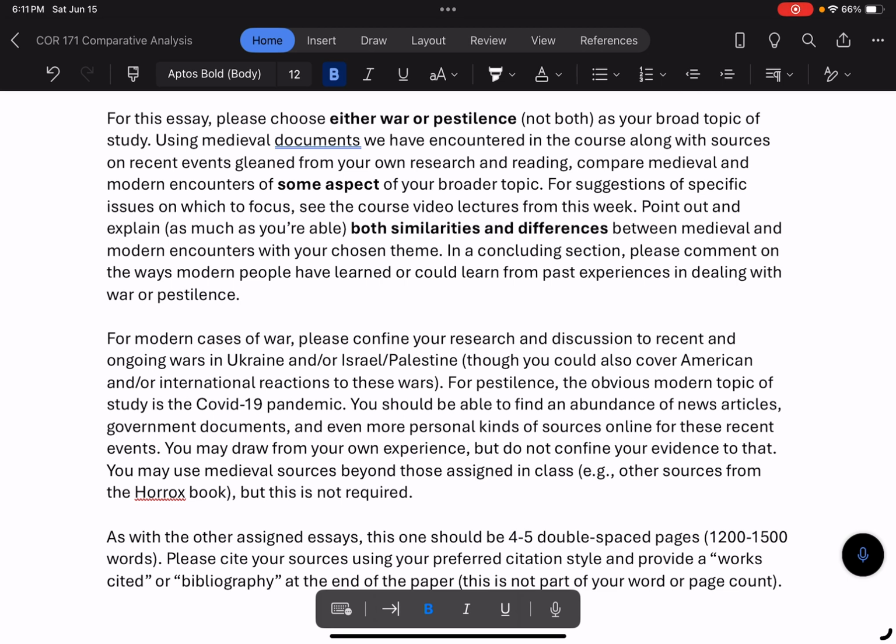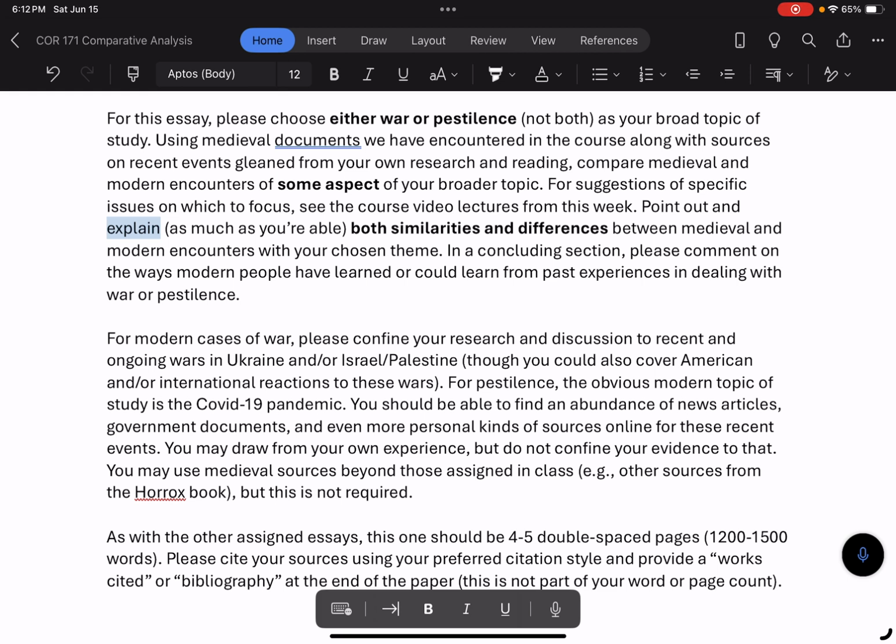What conditions were similar in the Black Death and COVID-19, for instance, or what phenomena are similar, and why do those similarities exist? Explain that as much as you can. The explaining part is really the key to this. You're not just pointing out, well, here are some similarities and here are some differences.